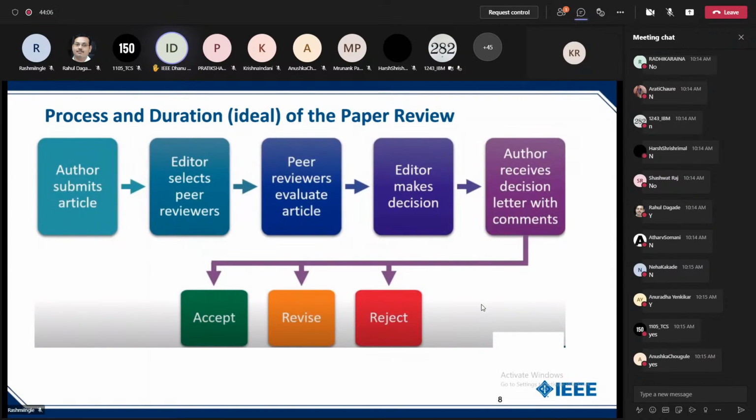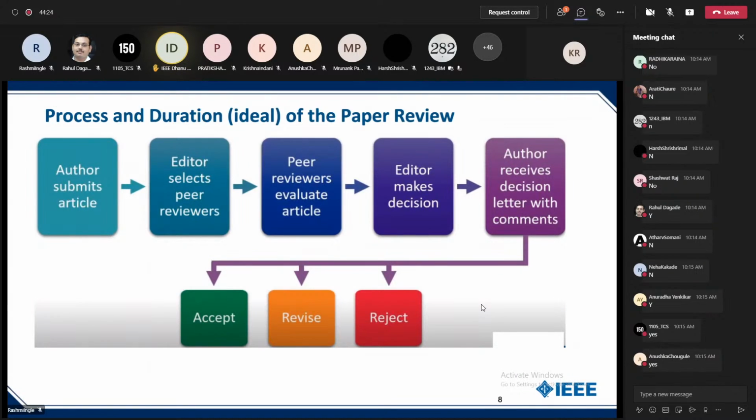We ideally expect 2 reviewers to revert back to us, and then the reviewers evaluate the article, they share their findings, and the editor comes out with a summary. With the summary they will say whether the article is rejected or accepted, or put in revise and resubmit mode.